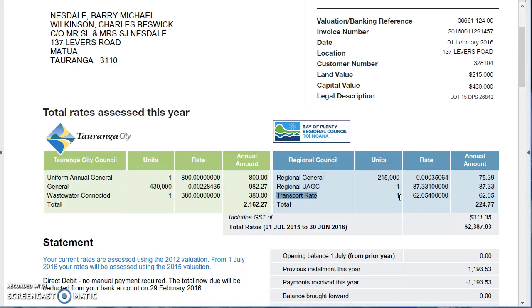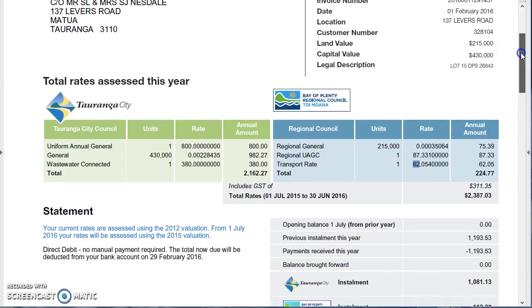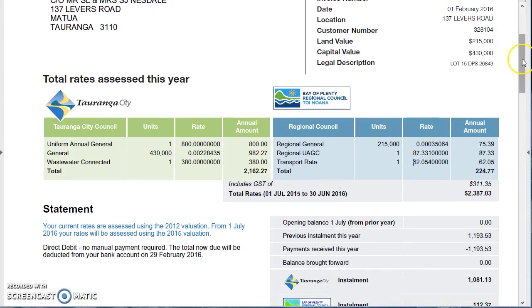You and I, when we go out of town, we're causing wear and tear on those roads, so that's our contribution to that, and also to Tauranga's buses. That means that if you don't use the bus at all in a year, you're still paying $62 for the roads and for the buses. So maybe a dollar a week without even using the bus. You might as well just jump on board.